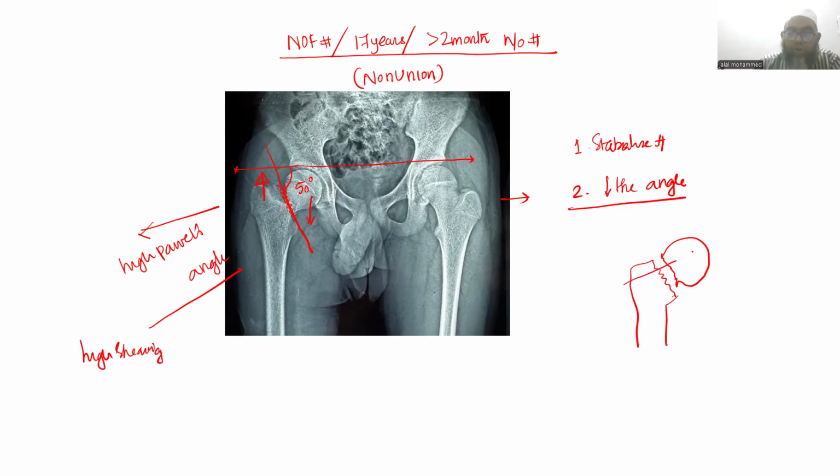So first we need to fix it. Then we need to cut here. After the cut, we need to tilt it like this, so that the head will become like this. So this is how we need to fix it.